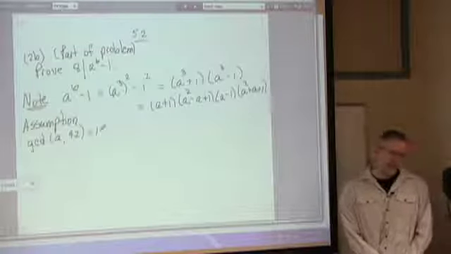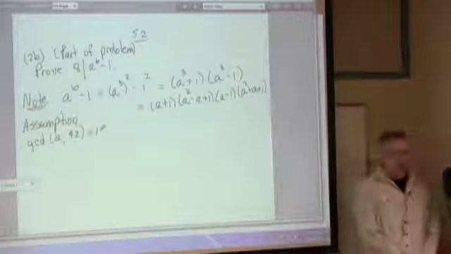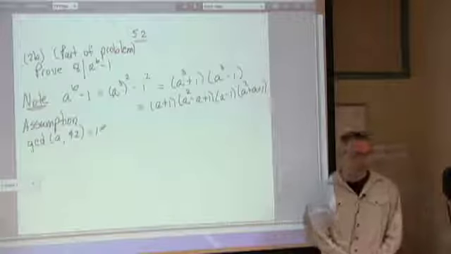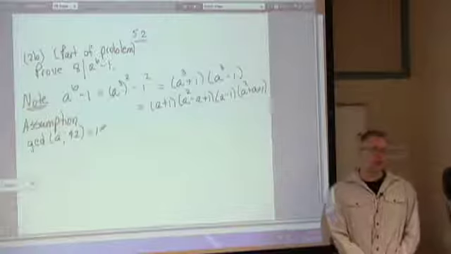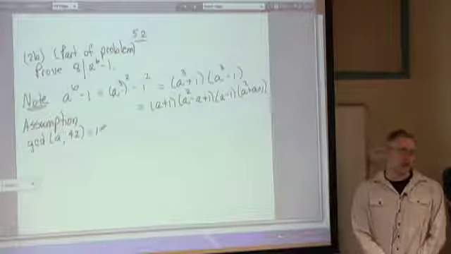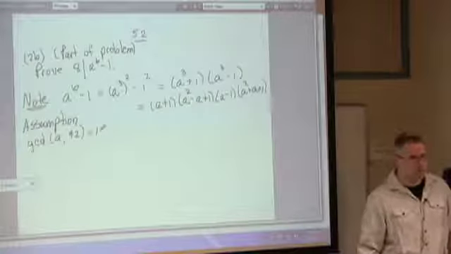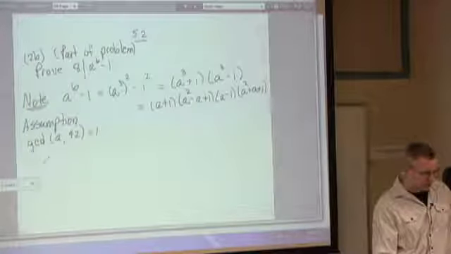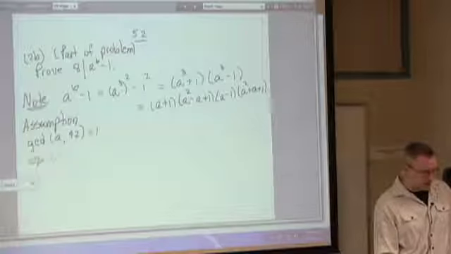Now, if a and 42 are relatively prime, that means that a can't be even, because then 2 would divide a, and 2, of course, divides 42. So the GCD couldn't be 1. It'd have to be at least 2. So a is odd.